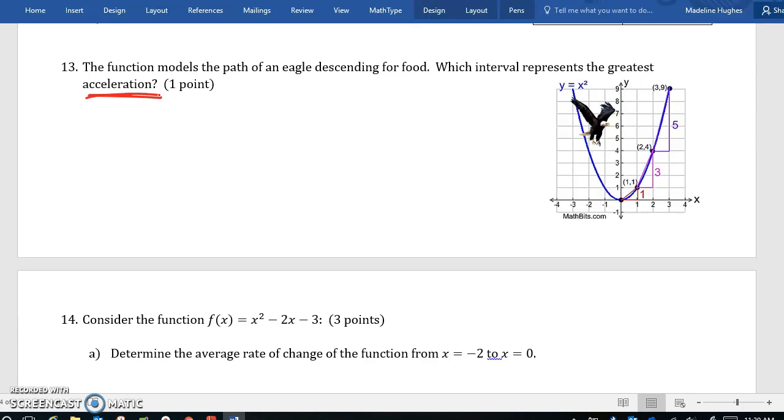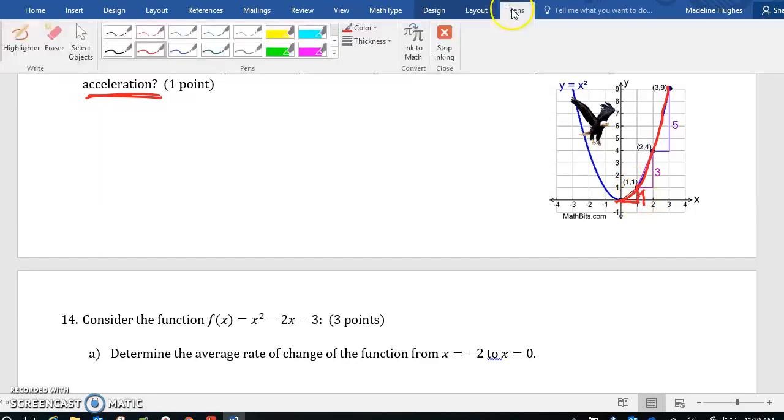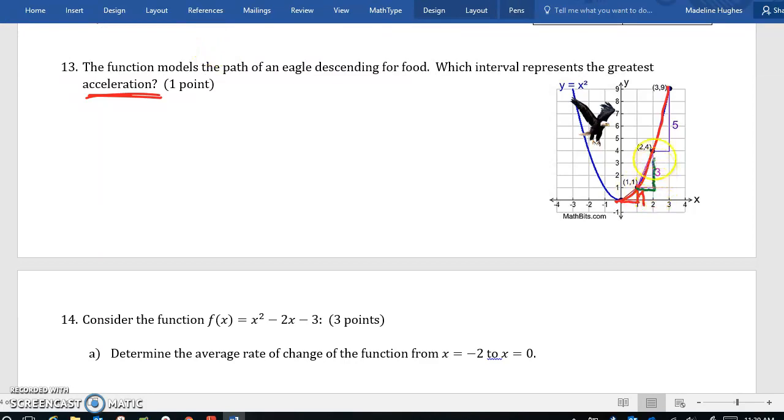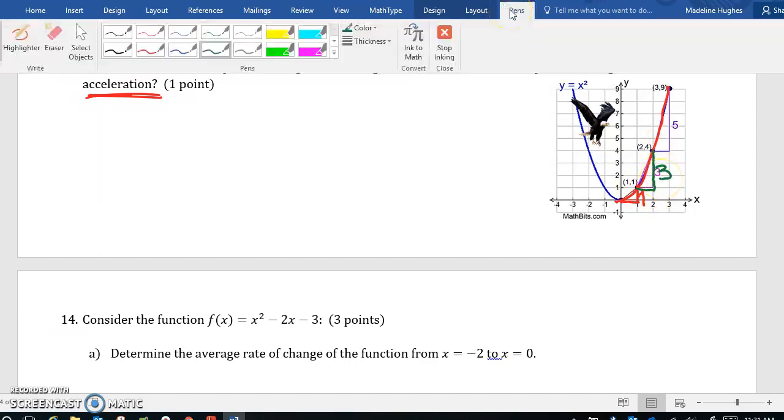So we want to look for parts where he is accelerating, going faster. I know it's going to have to be someplace over here on the right-hand side of the graph. And you can see that they put those numbers in there to help us. We want the greatest acceleration. So if I look in between each one, from this point to this point, I have acceleration of 1. Then from the next point up, that's acceleration of 3.